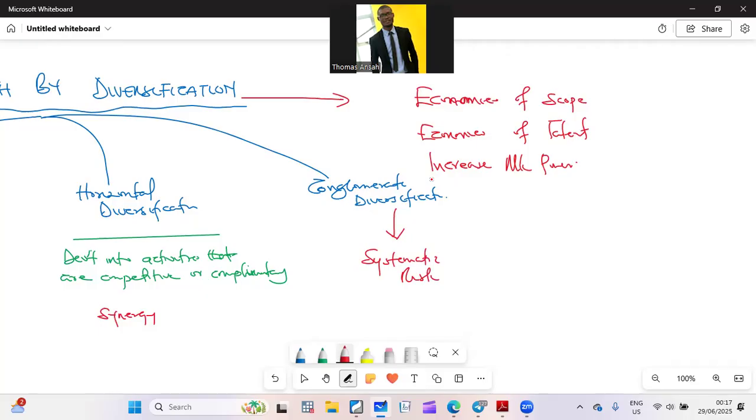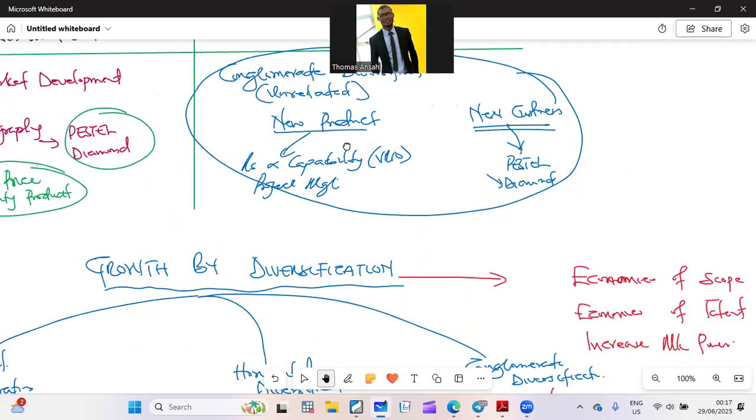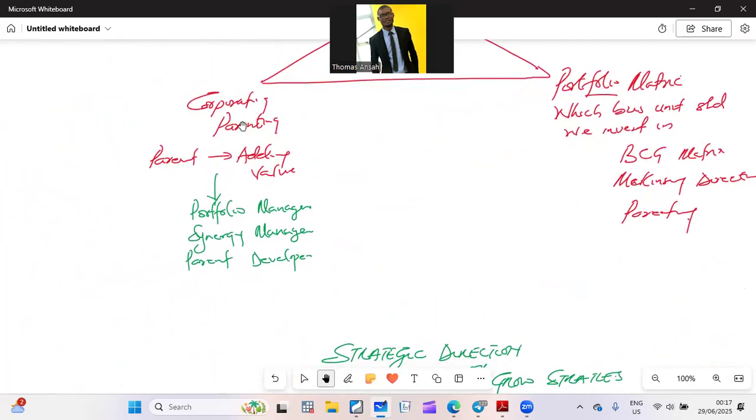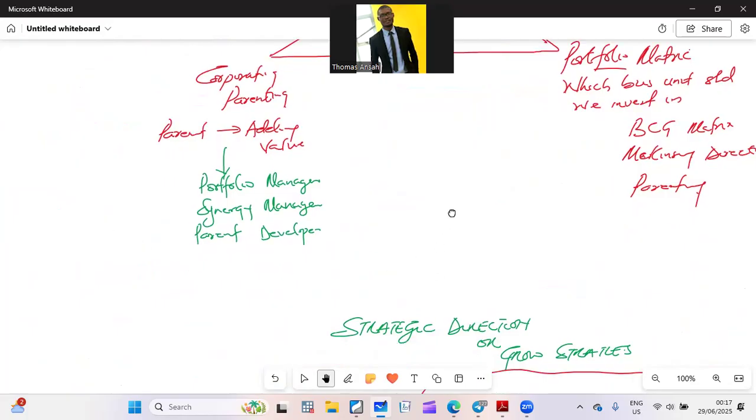You remember the diagram that I drew, the corporate parent. You will need it because you will need support and guidance in those things.